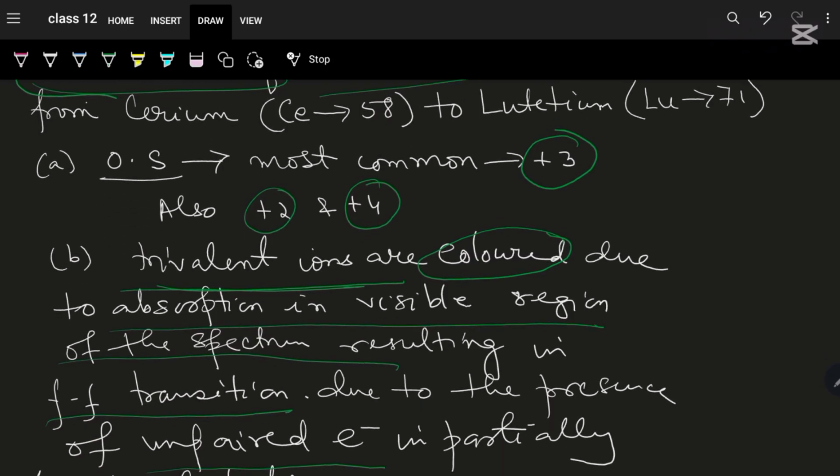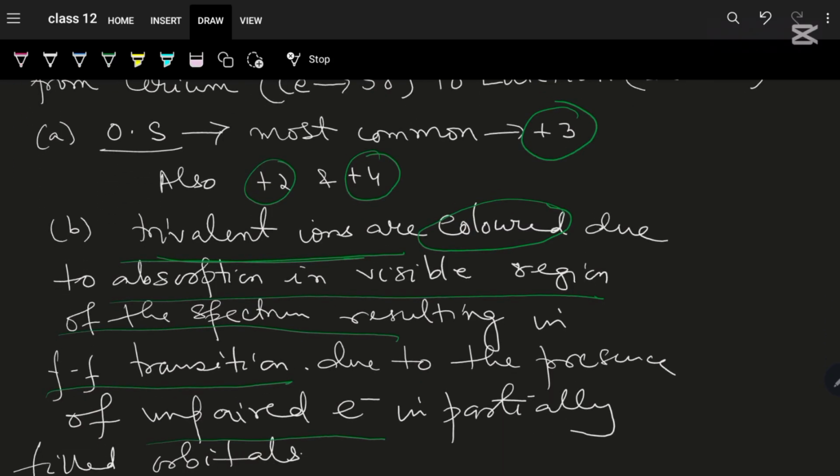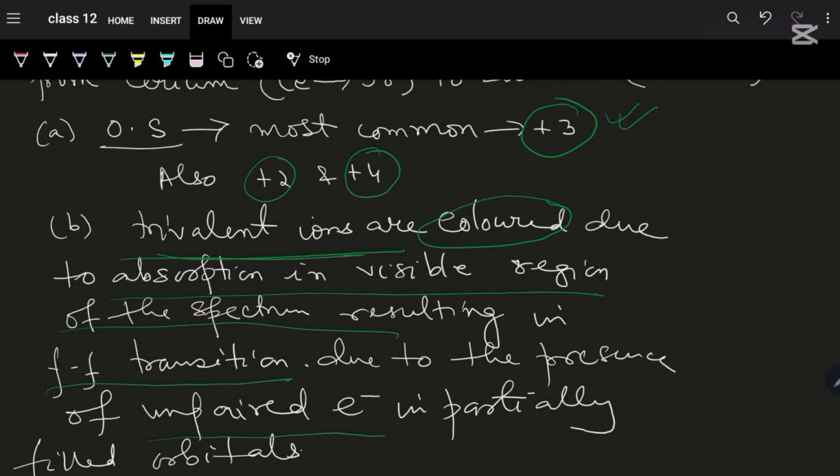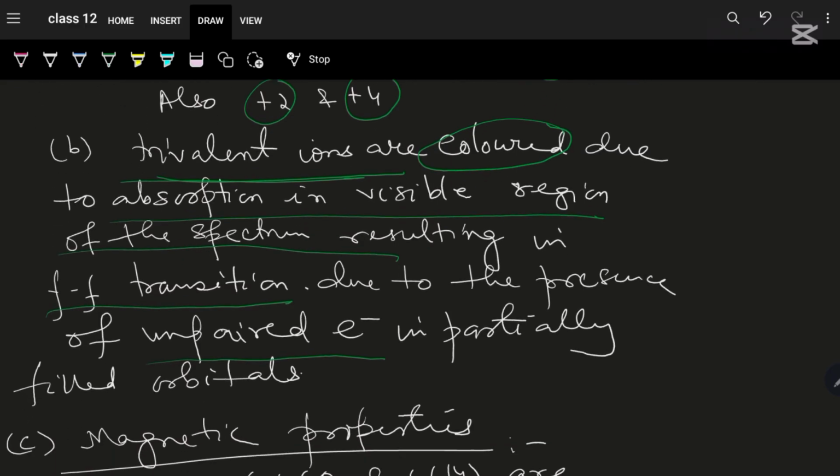The most common oxidation state of lanthanoids is +3. They can also exhibit +2 and +4 oxidation states. The trivalent ions, that is the +3 state, which is the most common state, are colored due to absorption in the visible region of the spectrum, which results in the transition of electrons within the f orbitals.